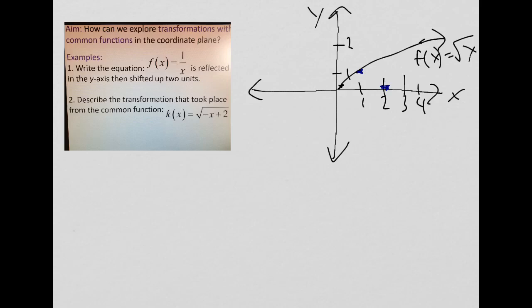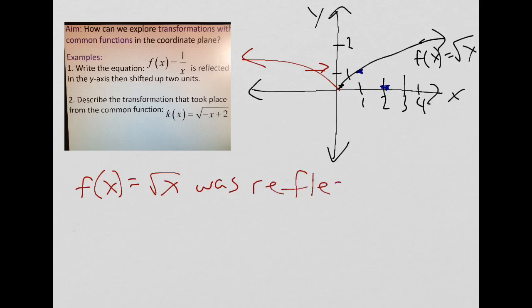Otherwise, it's a reflection in a different line. So we want to say that f of x equals radical x was reflected in the y-axis.